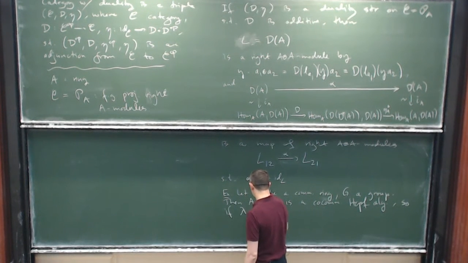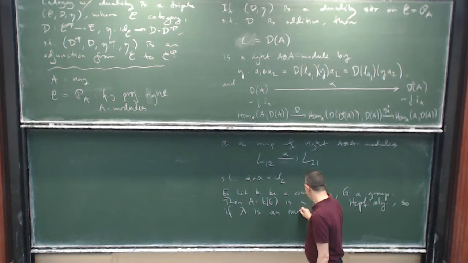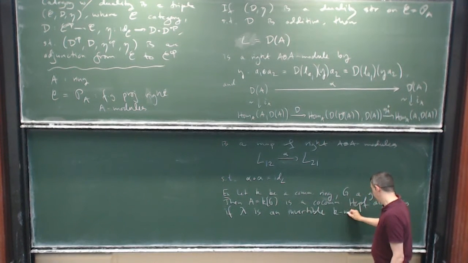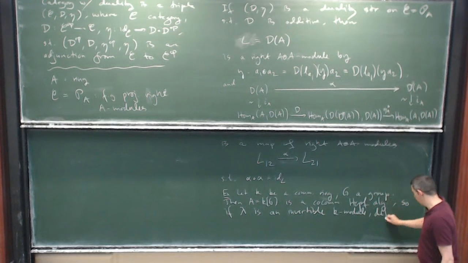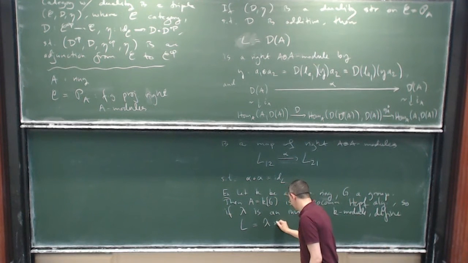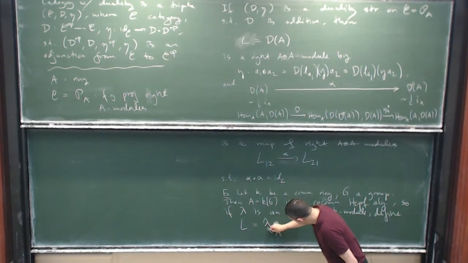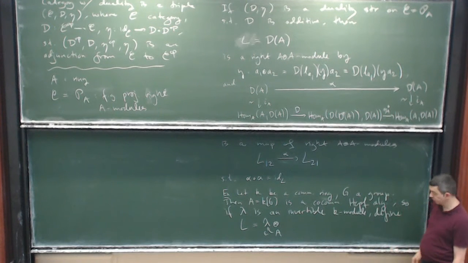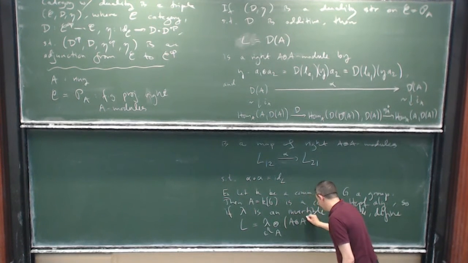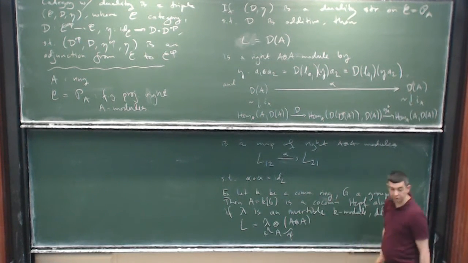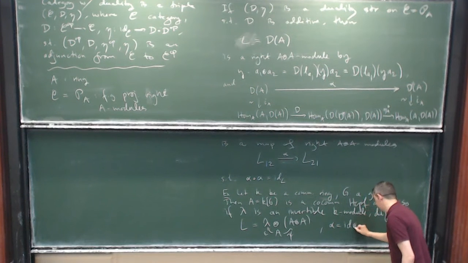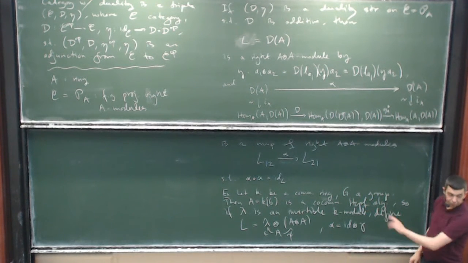So if lambda is an invertible K module, then we define L to be lambda tensor over A. So here we use the co-unit of the Hopf algebra structure to view this K module as an A module, and then we use the co-multiplication to extend scalars up to A tensor A. And alpha is the identity tensor the map that flips the two structures.